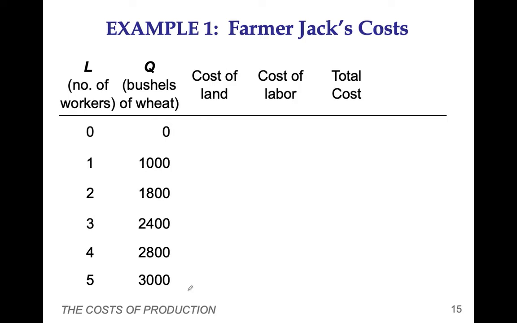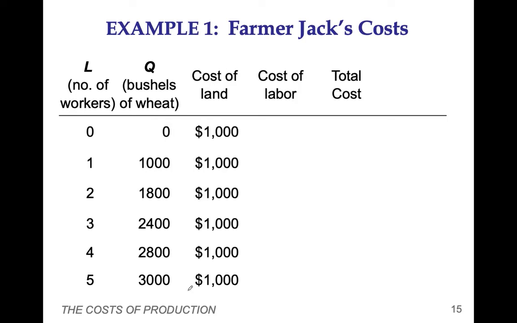So let's compute the costs of Mr. Jack. The cost of the land is fixed here. It does not vary according to the output, whether the output is 0 or 3,000. The cost is always 1,000, as you see. The cost of labor, how do you think it will vary?